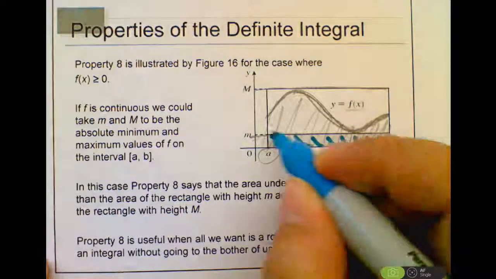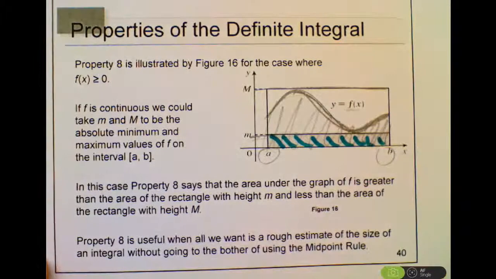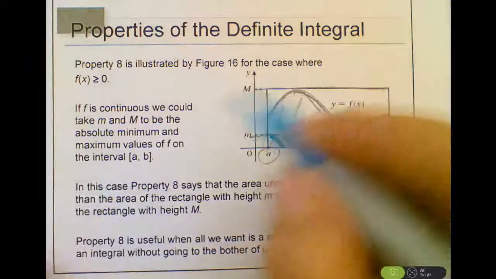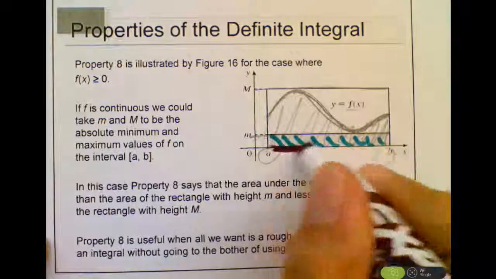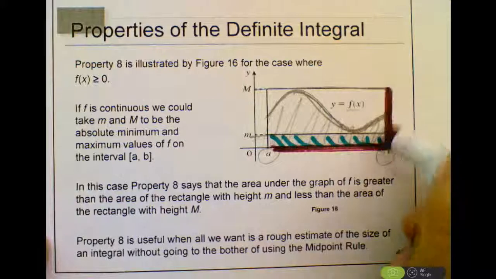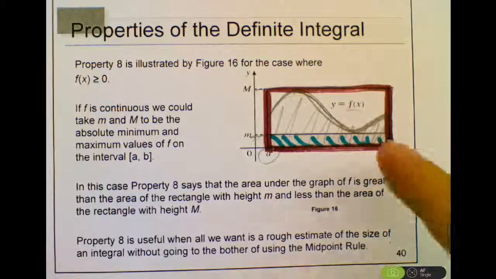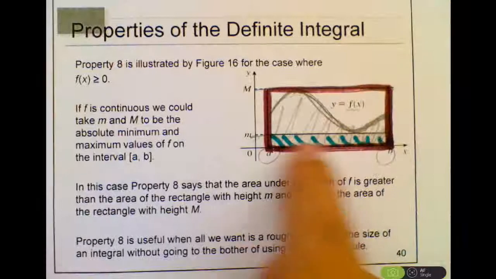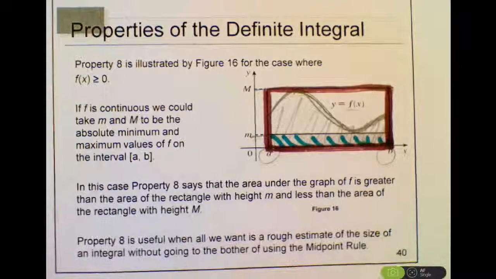You can see how the integral of f would be larger than this small area here, but still is smaller than the area that I can get by multiplying b minus a times large M, which is right here. So that number is going to be in between this number originated by this area and the small area right there.